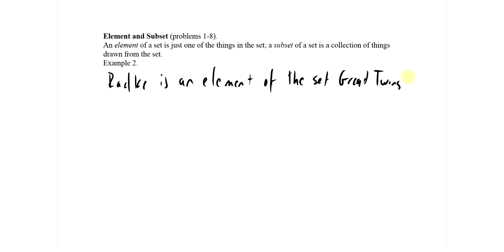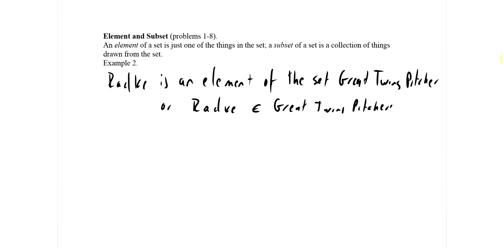So he's a great Twins pitcher. He's one of the people in the list, and we have a notation for that. It's an E, but sort of drawn sideways. I mean, it's actually the Greek letter epsilon. So he's an element of the set of great Twins pitchers.